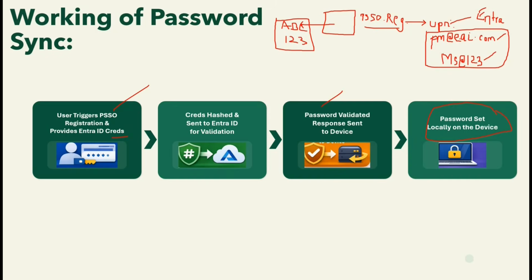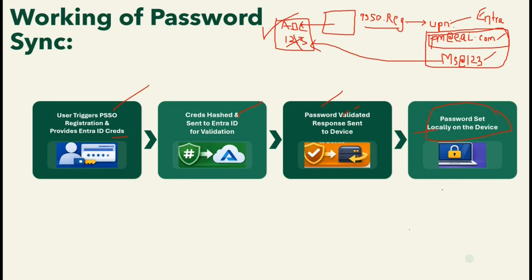Now, once I enter this, that credential is hashed, sent to Entra ID, and the password is validated. Now in step number 4, what happens is that this password actually changes. The username of the local account will still be ABC, but the password of ABC will now change to the same password that we had for the UPN.